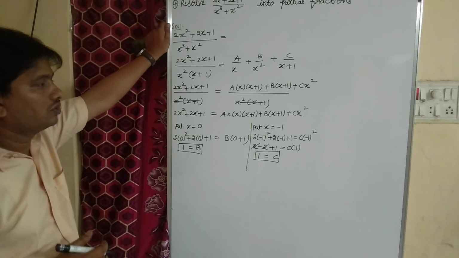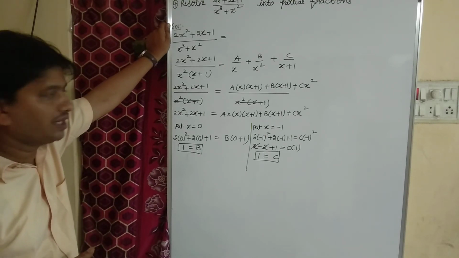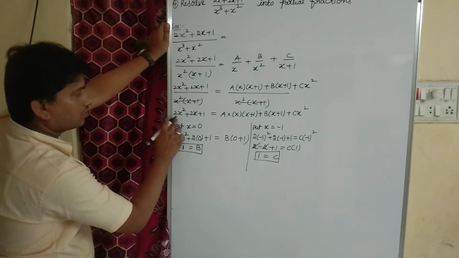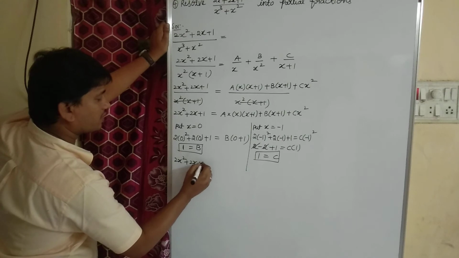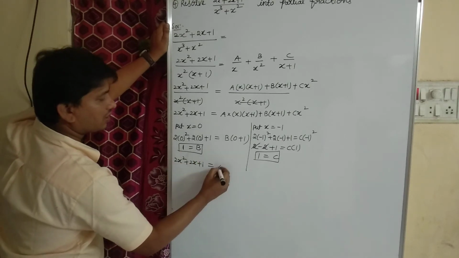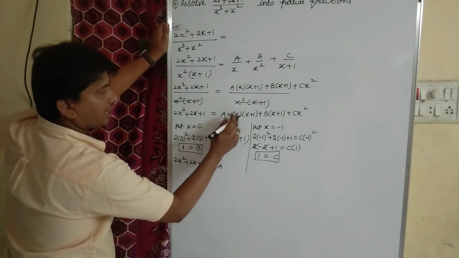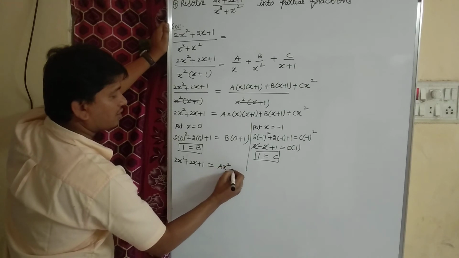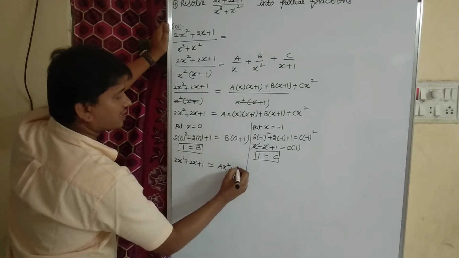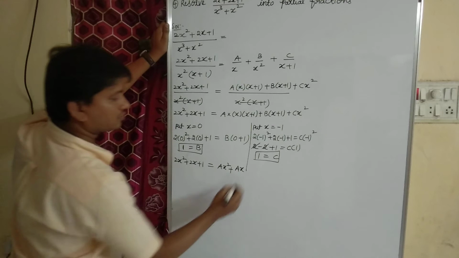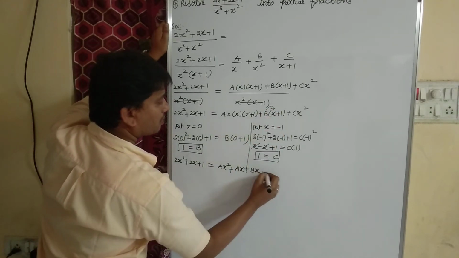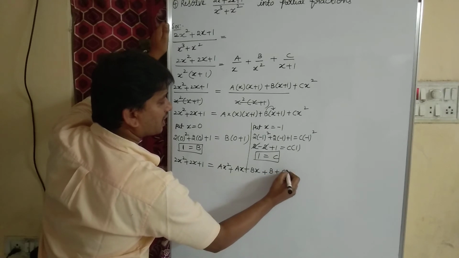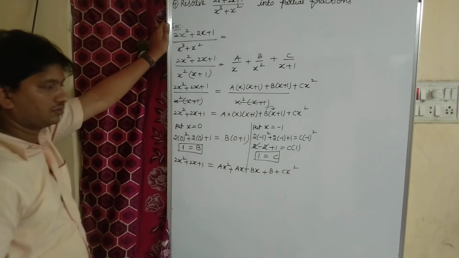Then what we will do, we will equate the coefficients, right? As we have our term 2x square plus 2x plus 1 equal to, children, a into x square plus x into 1, x children. So ax plus bx plus b, plus cx square.